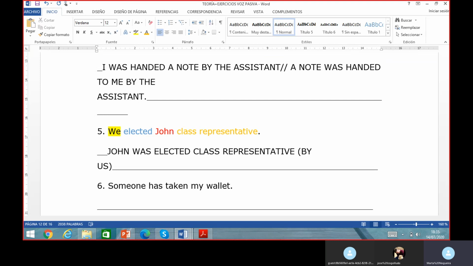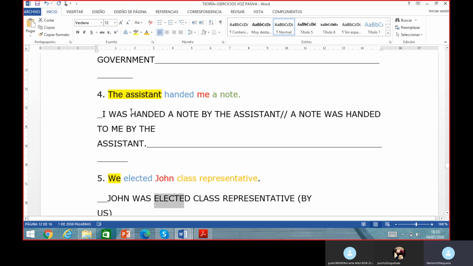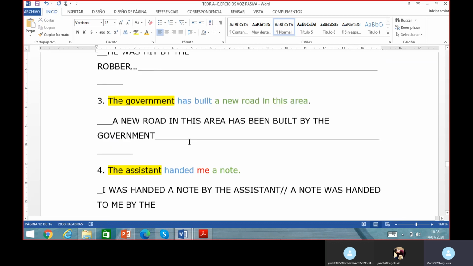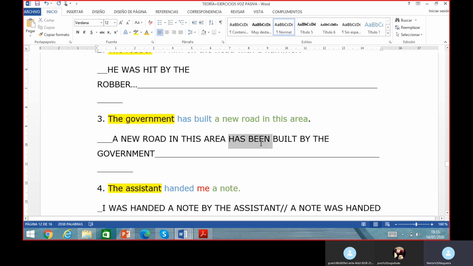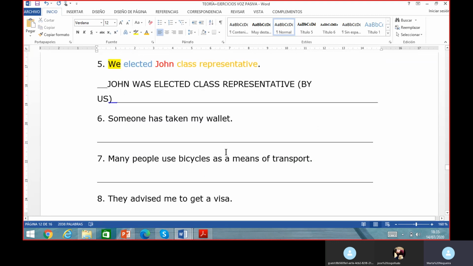How can we check that this is a passive? We have a verb to be and then a participle. Verb to be conjugated in the past and participle. So this is easy.